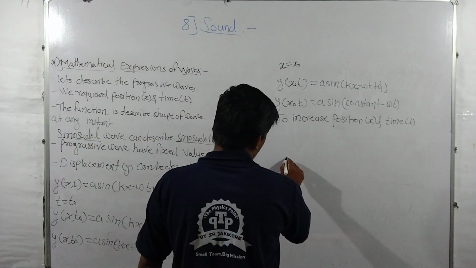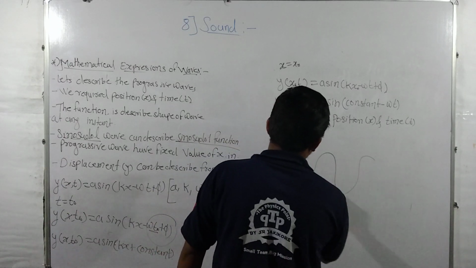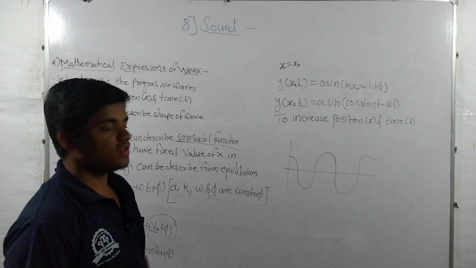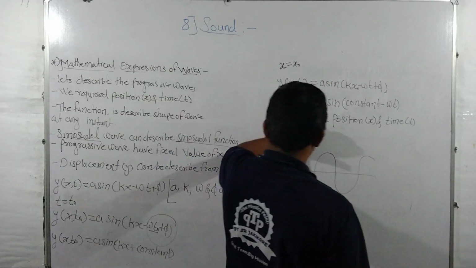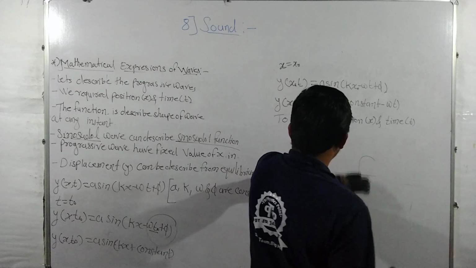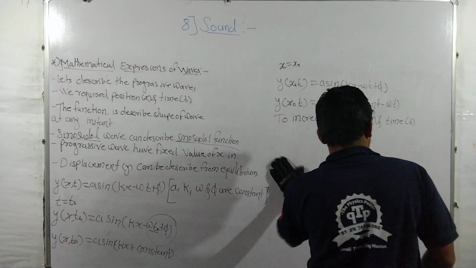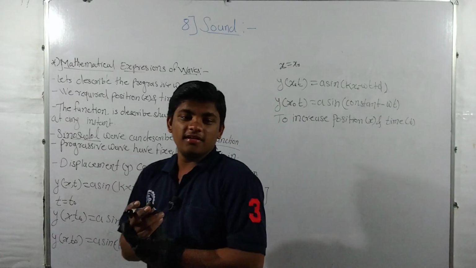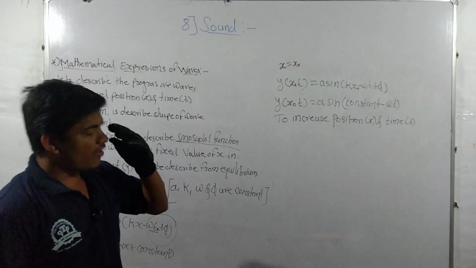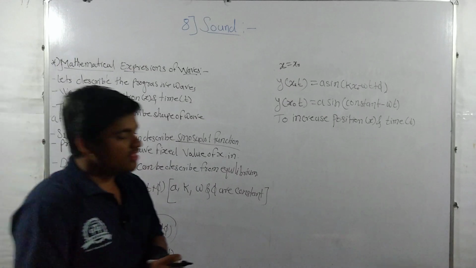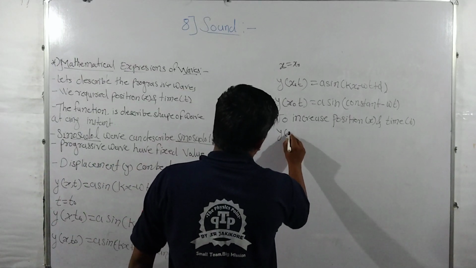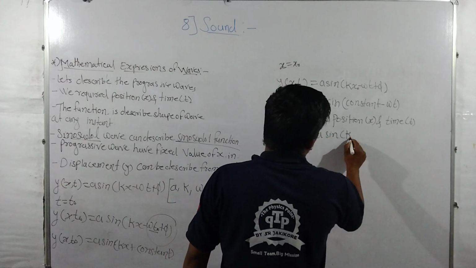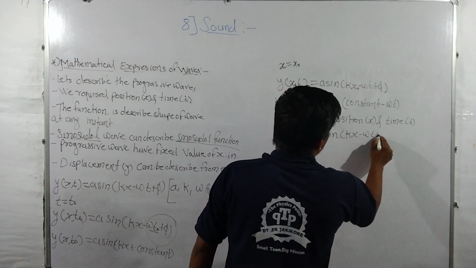To increase the positions x and time t, then y of x, t is equal to a sin(kx minus omega t plus phi).